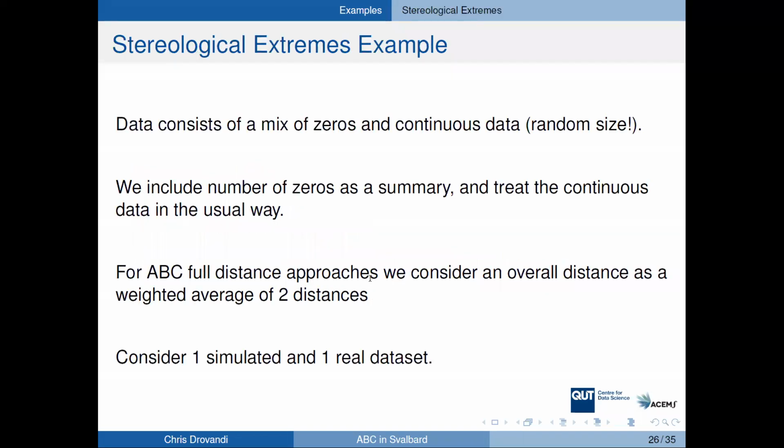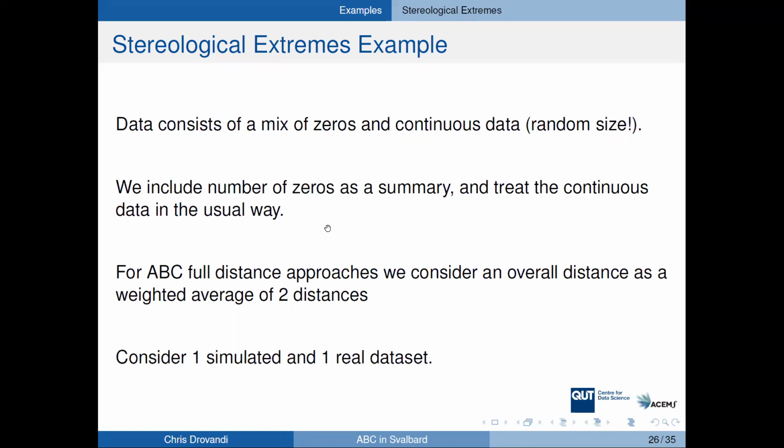The next example is a stereological extremes example, which was spoken about in David Knott's talk. This one is quite interesting because the data set consists of a mix of zeros, and the rest of the data are continuous. And the model actually generates a random size for the data. So what we did was include the number of zeros as a summary statistic and then treat the continuous data in the usual way, coming up with some kind of distance for the continuous component of the data.